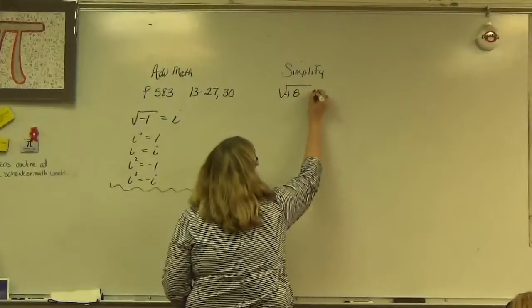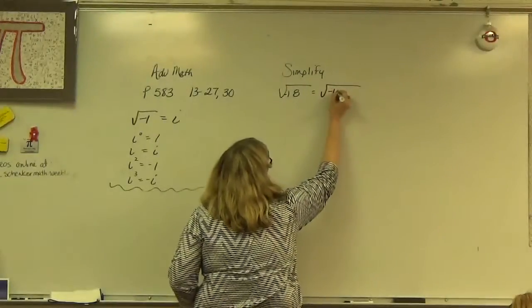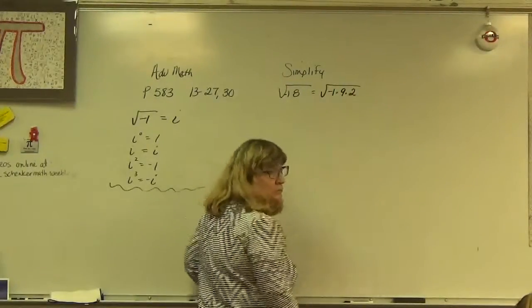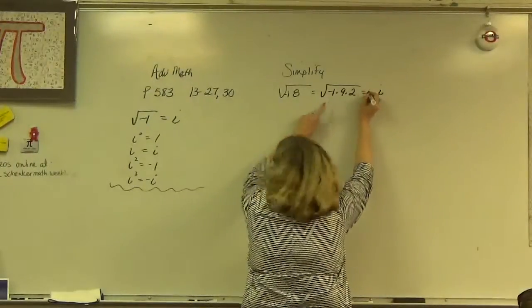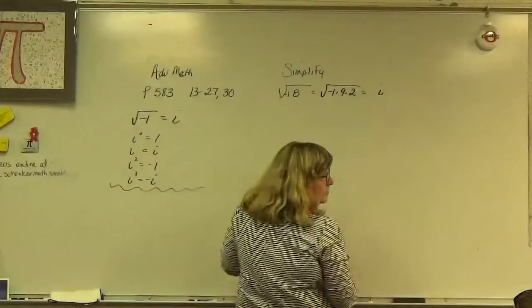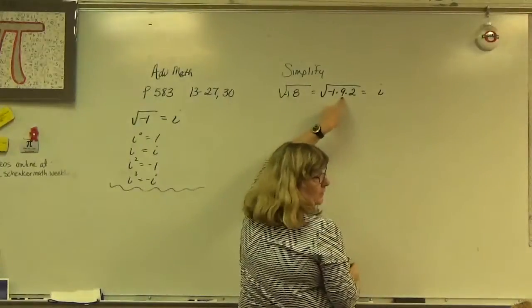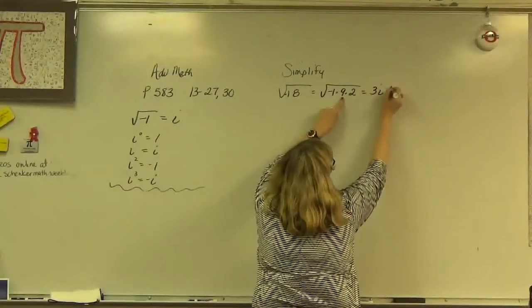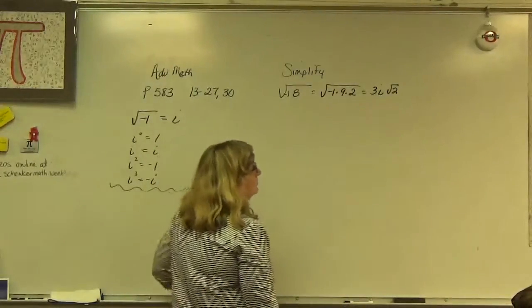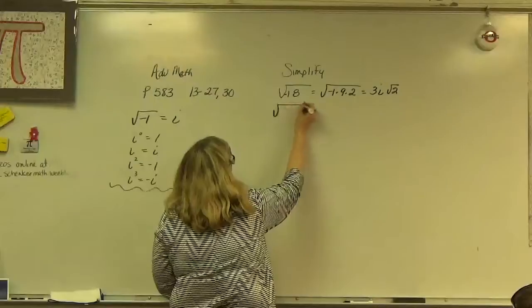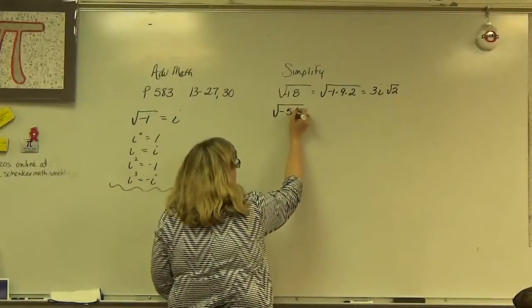Isn't that the same as the square root of negative 1 times 9 times 2? We know the square root of a negative 1 is i. That's by definition. What's the square root of 9? 3. And we don't know the square root of 2. Okay? What if I have the square root of negative 56?